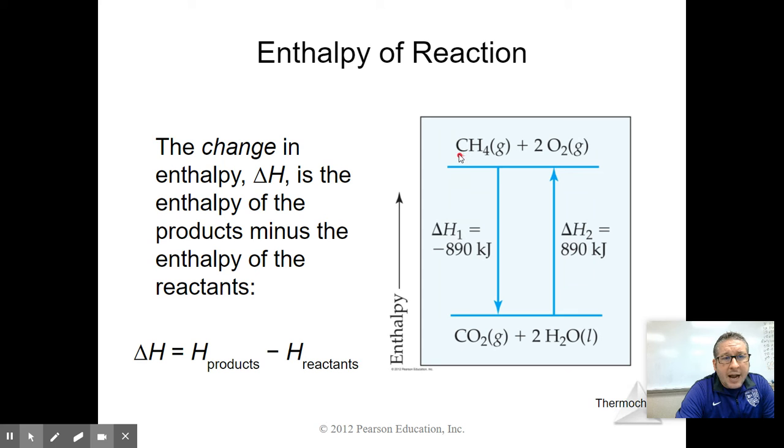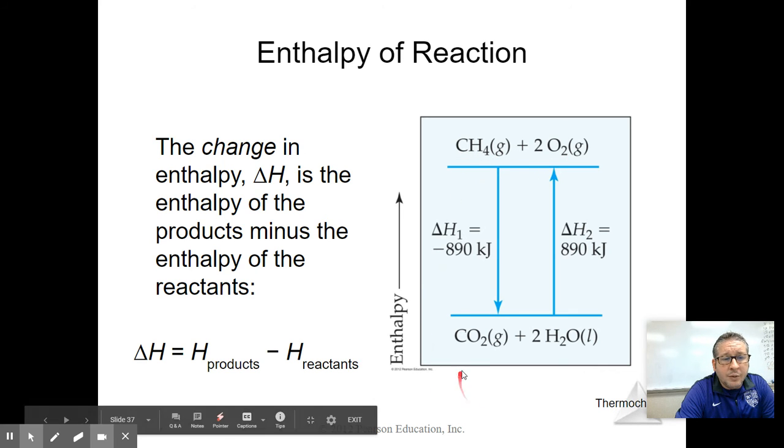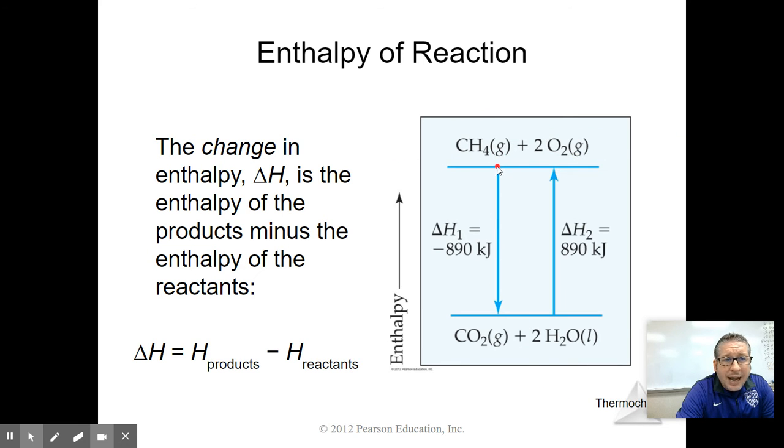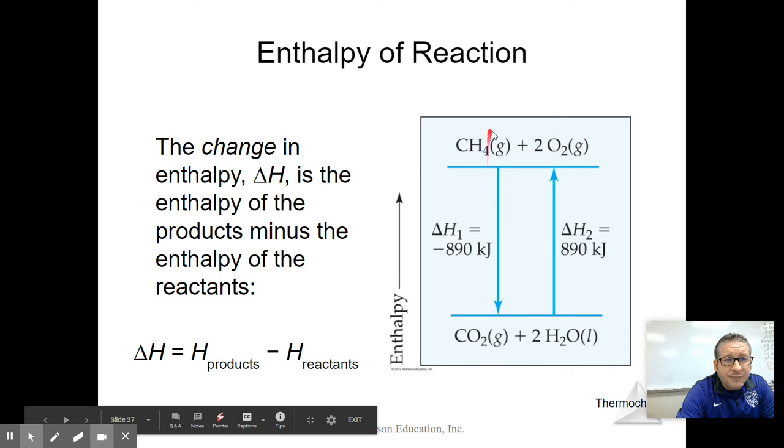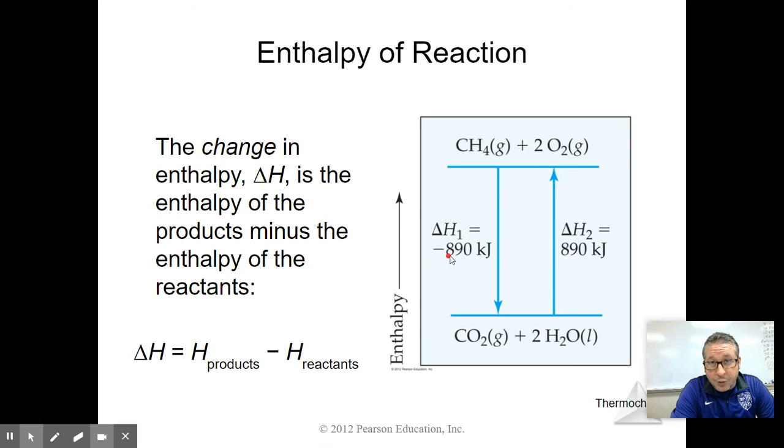So here we have the forward reaction of methane plus oxygen is going to produce CO2 and H2O. In that process, going from these reactants to these products, can you see this blue arrow leading to these products? We have a value of negative 890 kilojoules.